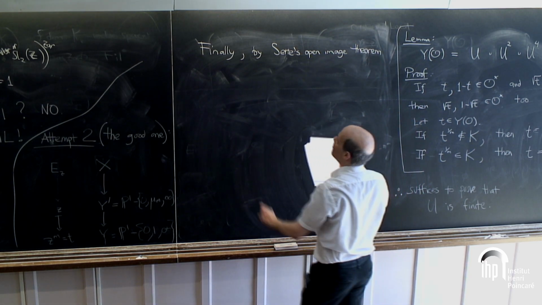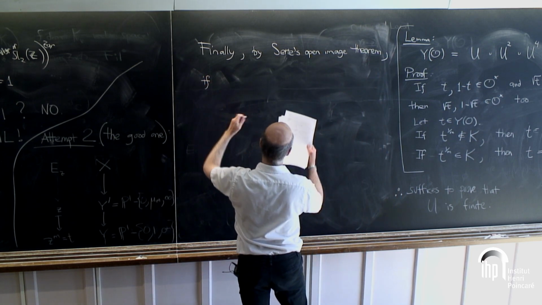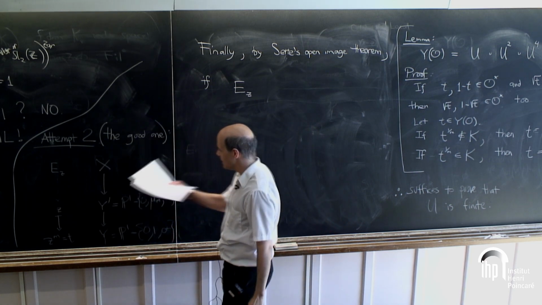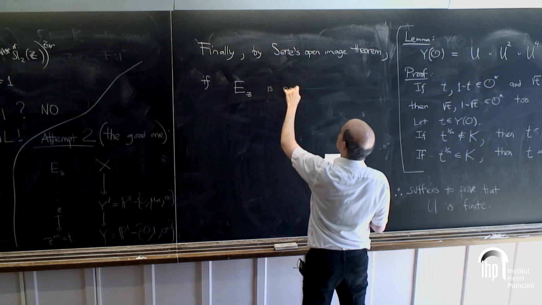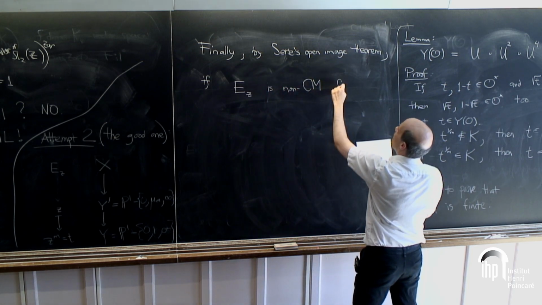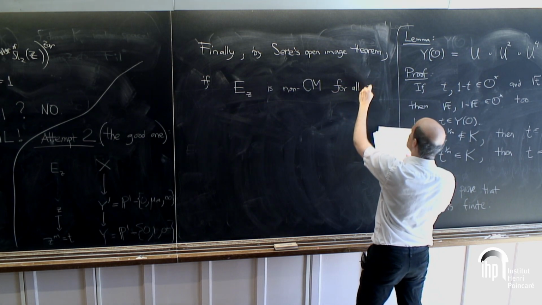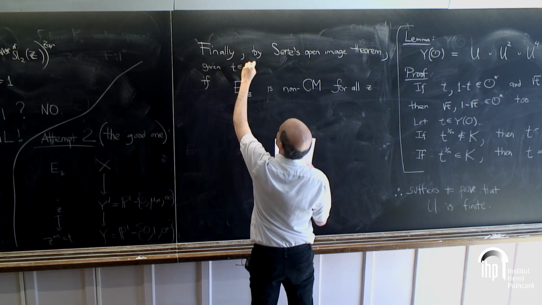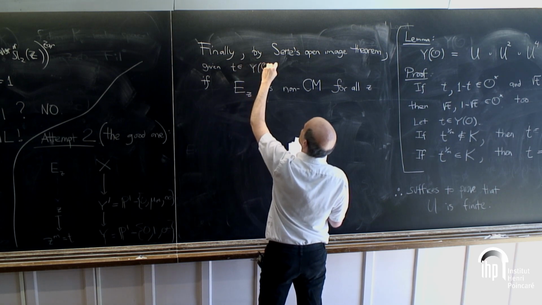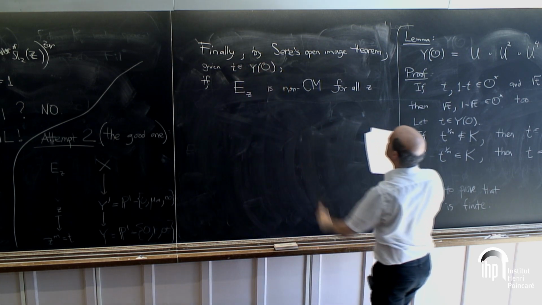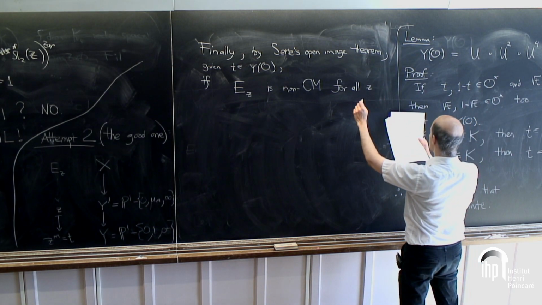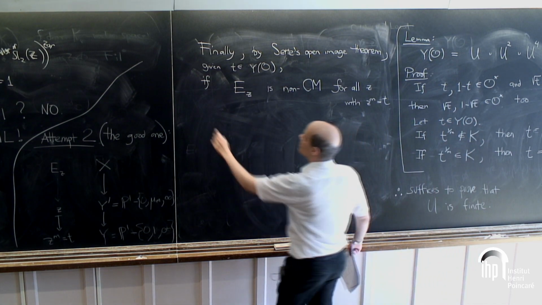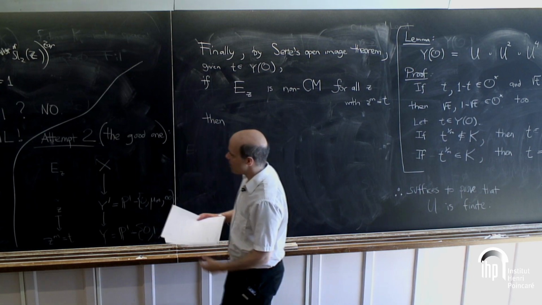Given t in Y_0, if E_z is non-CM, with no complex multiplication, for all the mth roots z with z^m = t, then I know how the Galois group acts on the cohomology.